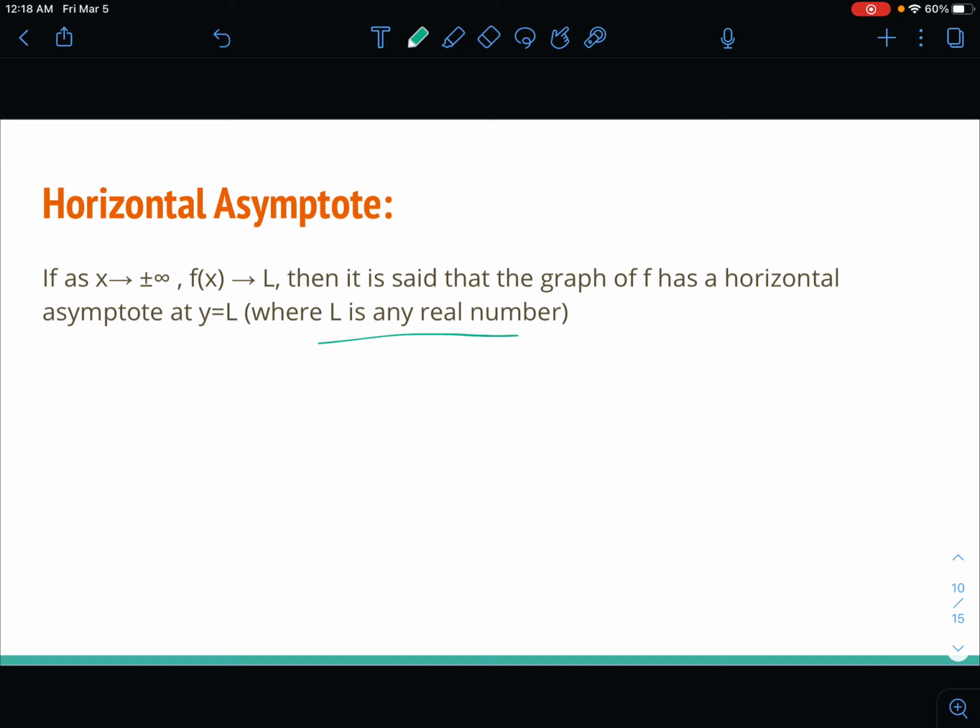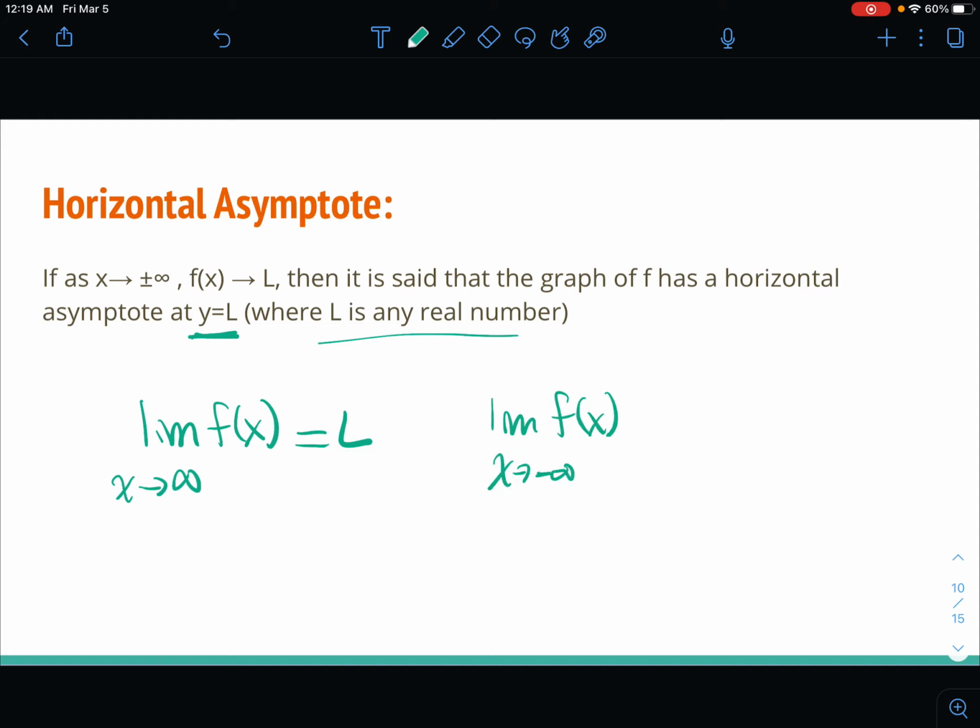Then it's said that the graph of f has a horizontal asymptote at the line y equals L. So we can write this: the limit as x approaches infinity of f of x is L, and the limit of that same function f of x, as x this time approaches negative infinity, is also L. And so that means that we have a horizontal asymptote, y equals L. Now again, very abstract.